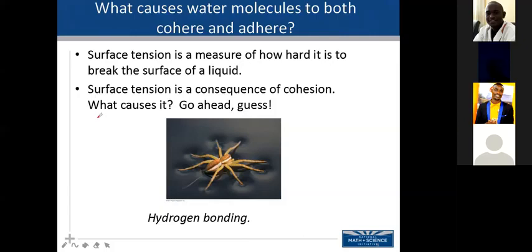Now, if you have a high surface tension, it simply means a liquid will not easily separate. It will be stuck together. It will be like glue. Glue is very difficult to separate, but water molecules will easily separate. So high surface tension means that the liquid will be very difficult to separate.